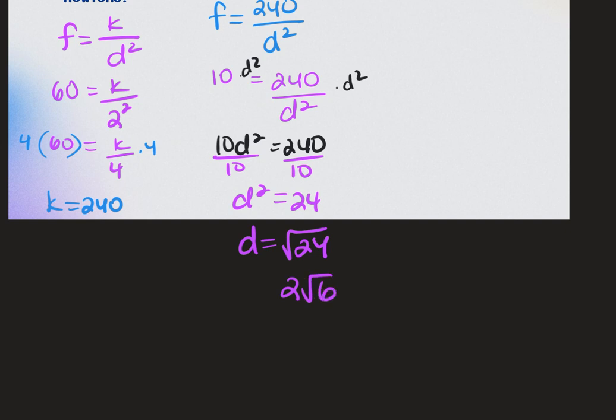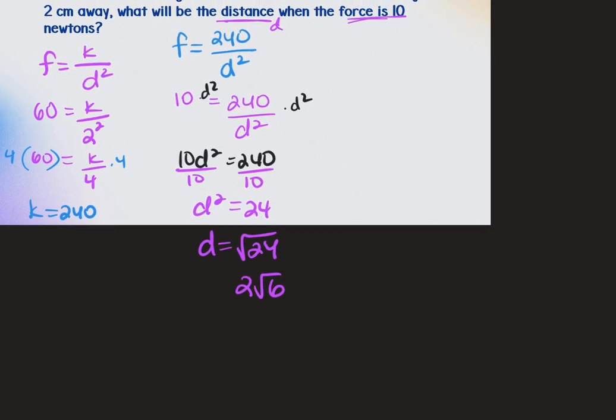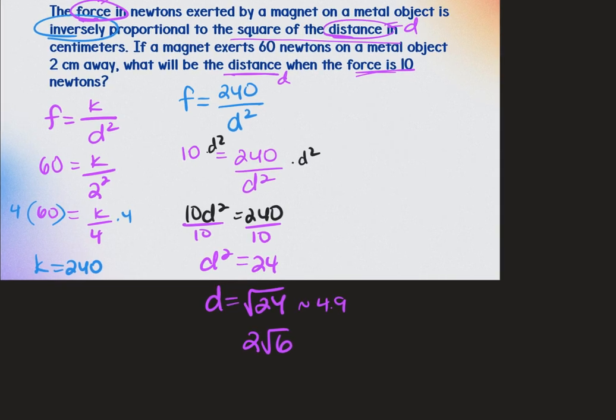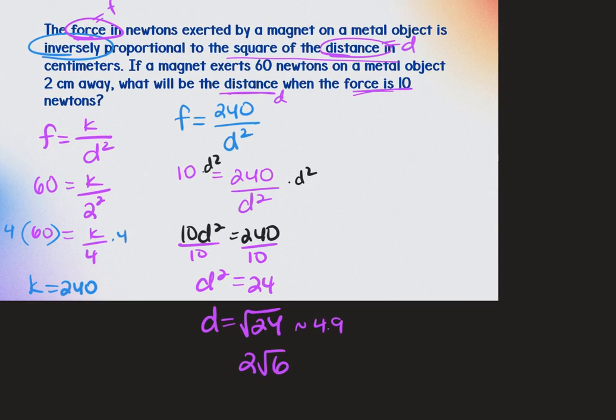If on a calculator portion, I would literally square root it. It's going to be like a 4.9-ish, right? Because that's close to the square root of 25. And this would be the distance, which means this is in centimeters.